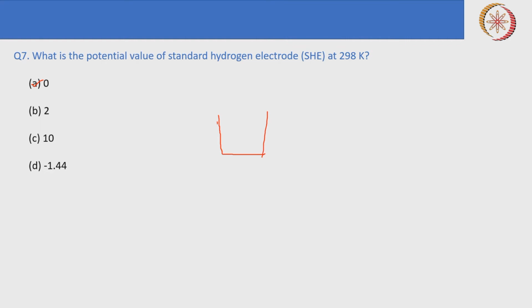Basically, if you see, a 1 molar HCl solution is there, and one platinum wire is dipped in this 1 molar HCl solution. Then there will be a gas purging line, where 1 atmosphere of hydrogen gas will be purged in this solution.